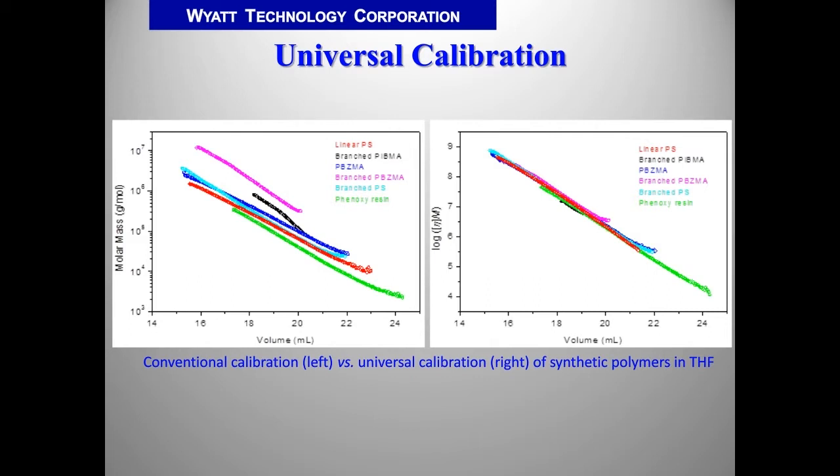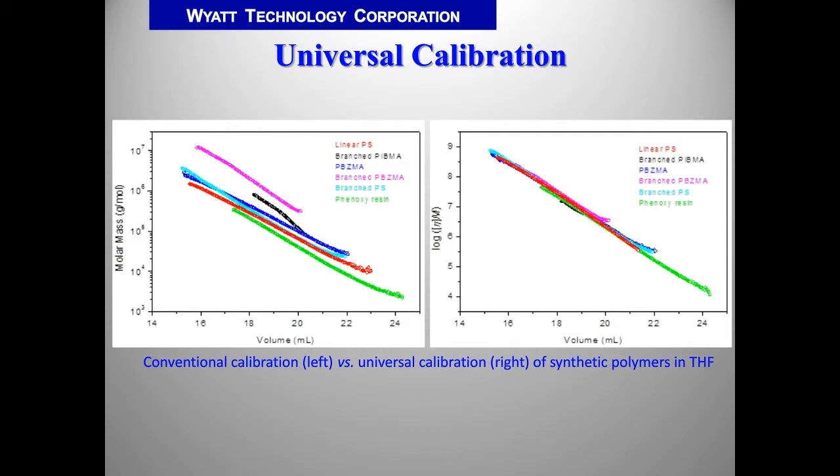This is the first application, the so-called universal calibration, to get molar mass distribution of polymers. The left plot shows relations between molar mass and elution volume for various synthetic polymers.